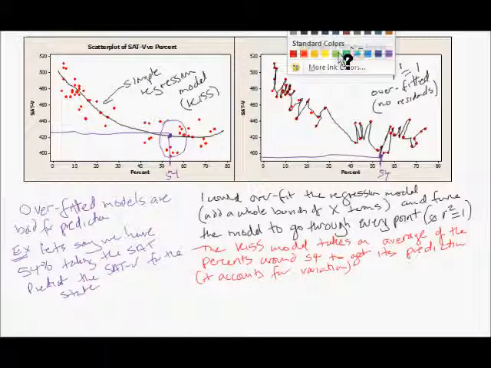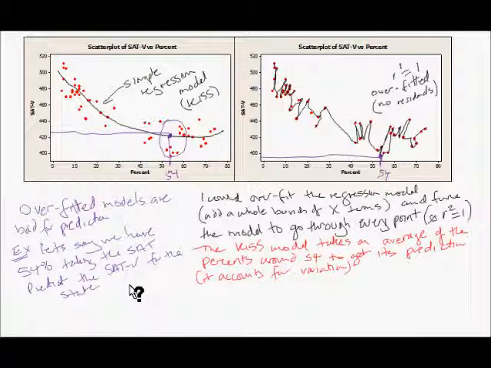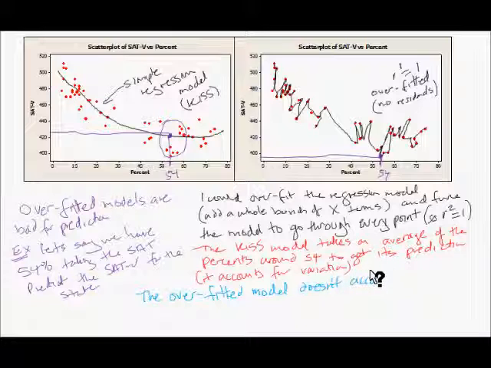But the problem is, with the overfitted model, it doesn't account for variations in scores or values.